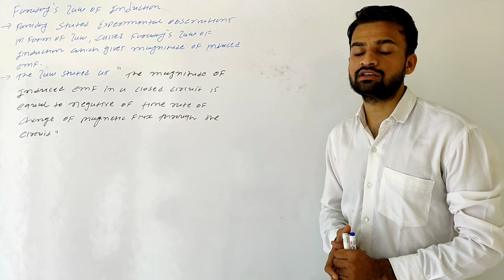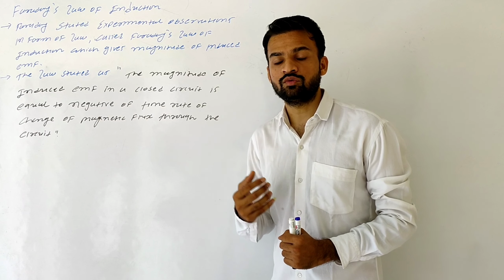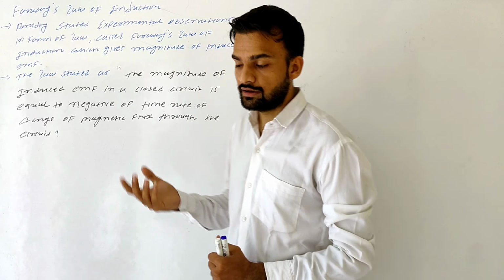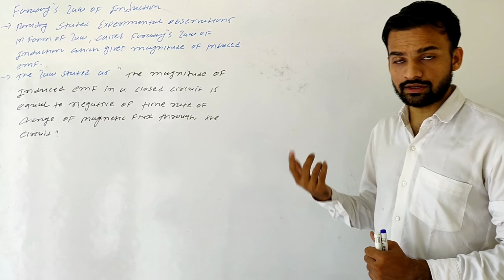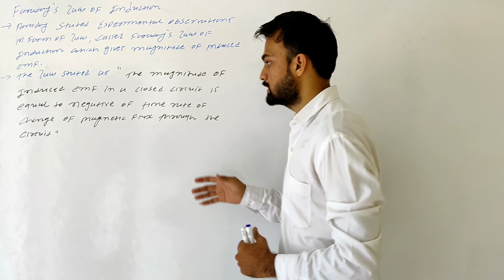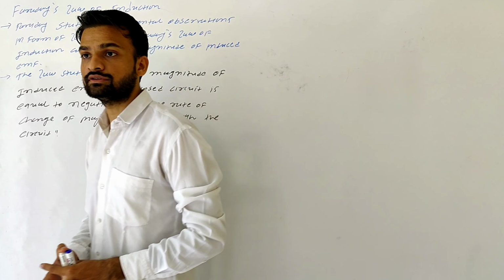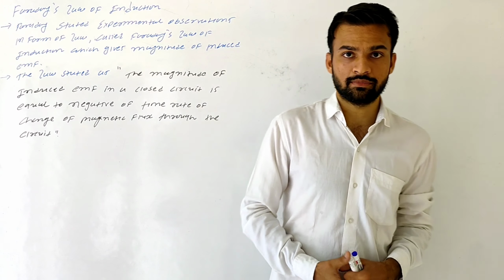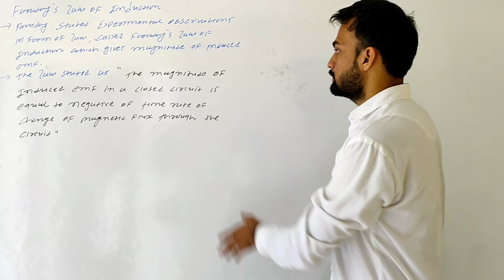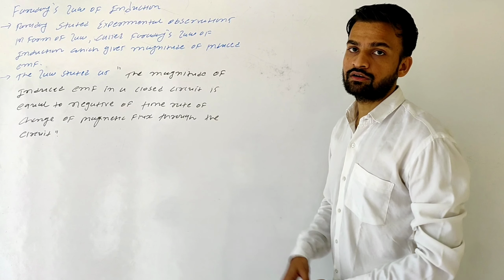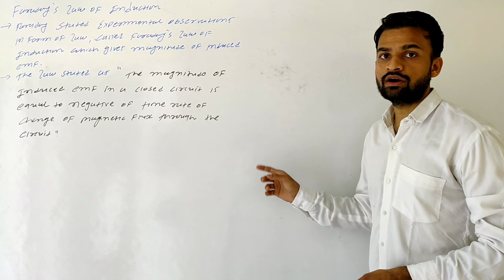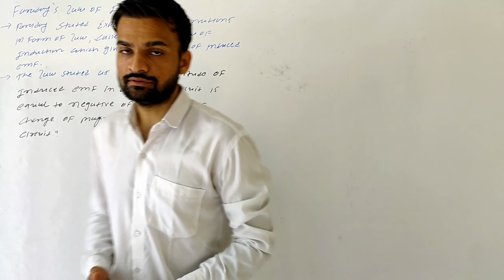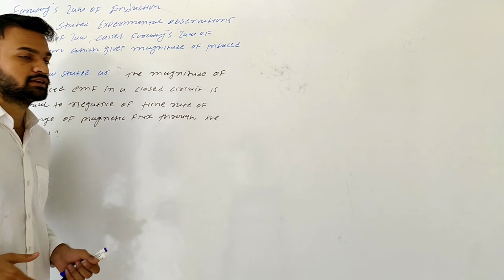That change in flux gives us EMF, and that EMF is the reason to induce current in a circuit. Means current is induced in a coil due to induction of EMF. So the magnitude of that induced EMF in a closed circuit is equal to the negative of the time rate of change of magnetic flux through that closed circuit.